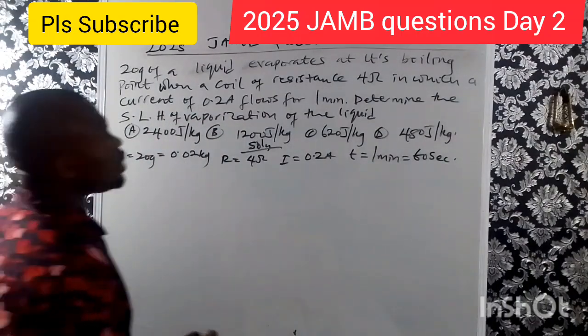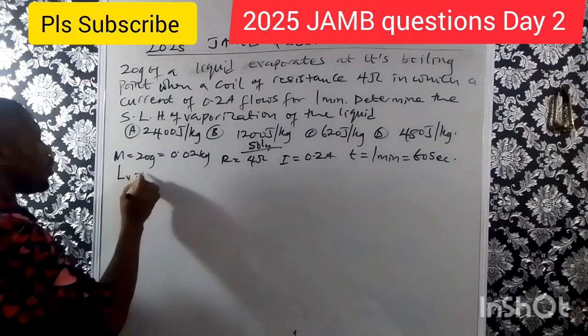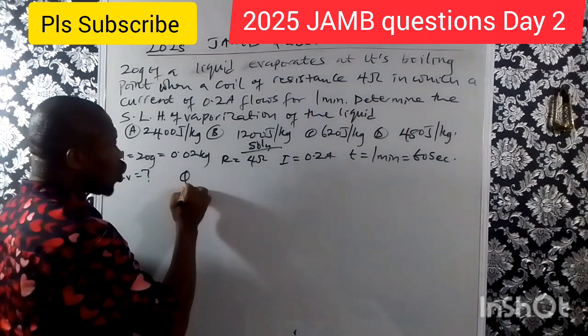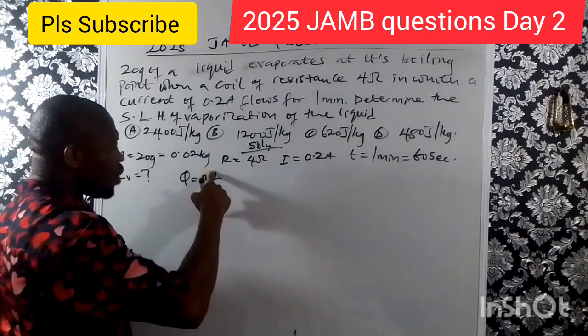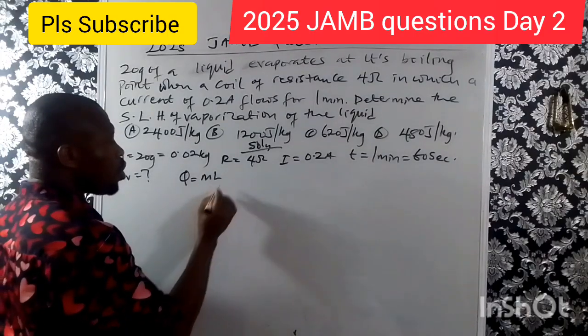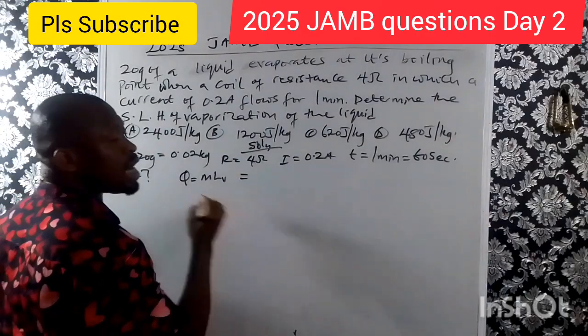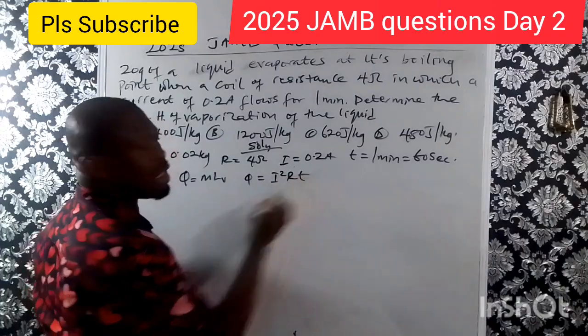Now determine the specific latent heat of vaporization, which is L. We recall that Q is equal to ml, or m L subscript v, however you want to put it. And as well, the same Q is equal to I squared RT.